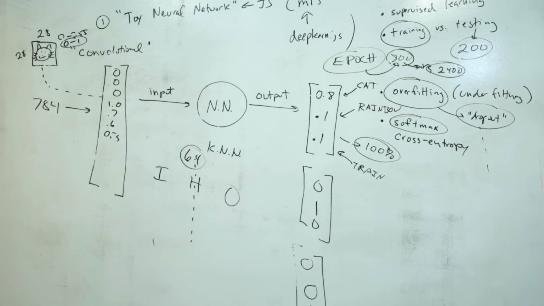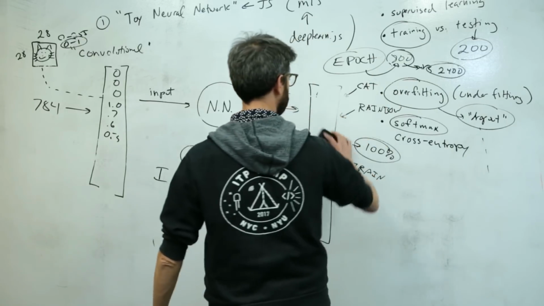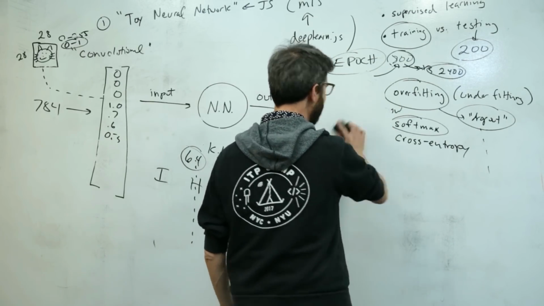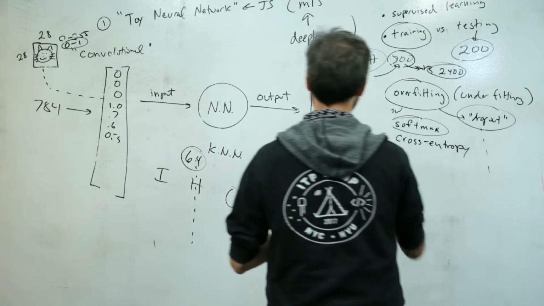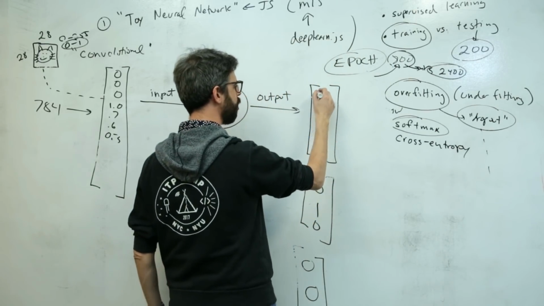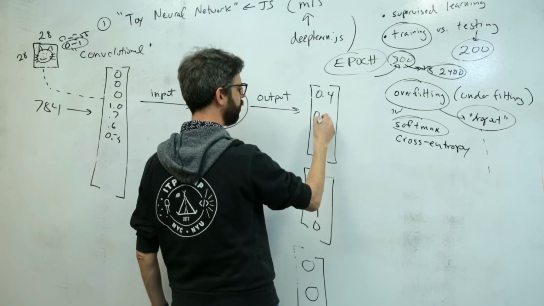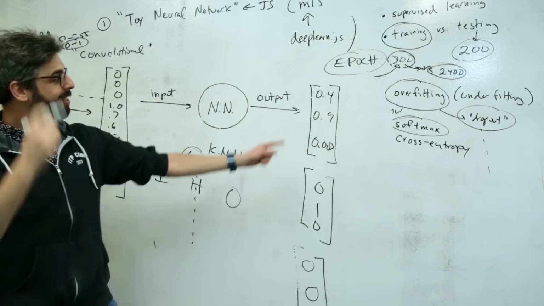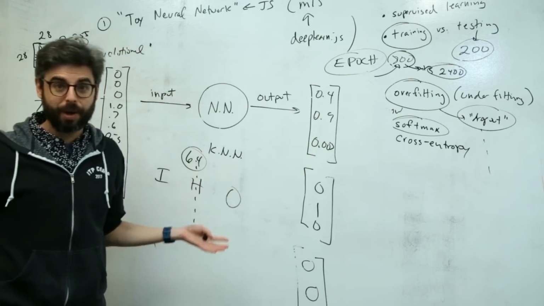And maybe it's going to make a total guess. So those outputs are going to be some arbitrary numbers, like 0.4, 0.9, 0.003. It's going to be random when it starts.